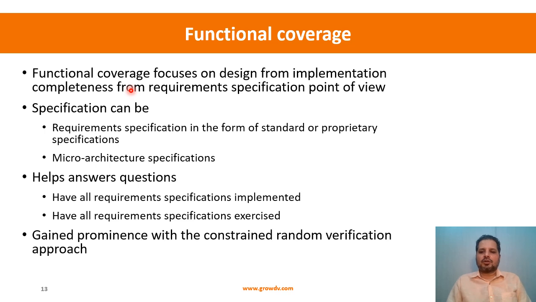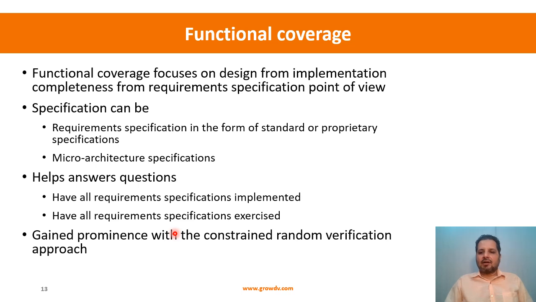And the second thing you want to check is: have all the requirement specifications been exercised in all possible combinations? Exercise meaning that you give some stimulus and get back the expected response. Of course the checking is done by the test bench, but you still sample it, so that at least after the response has come, that level of check happens through the functional coverage.